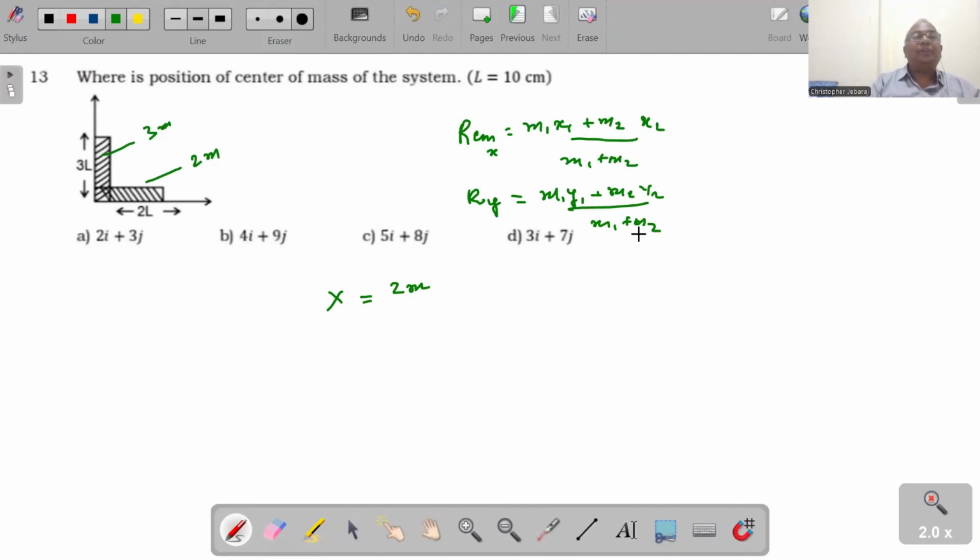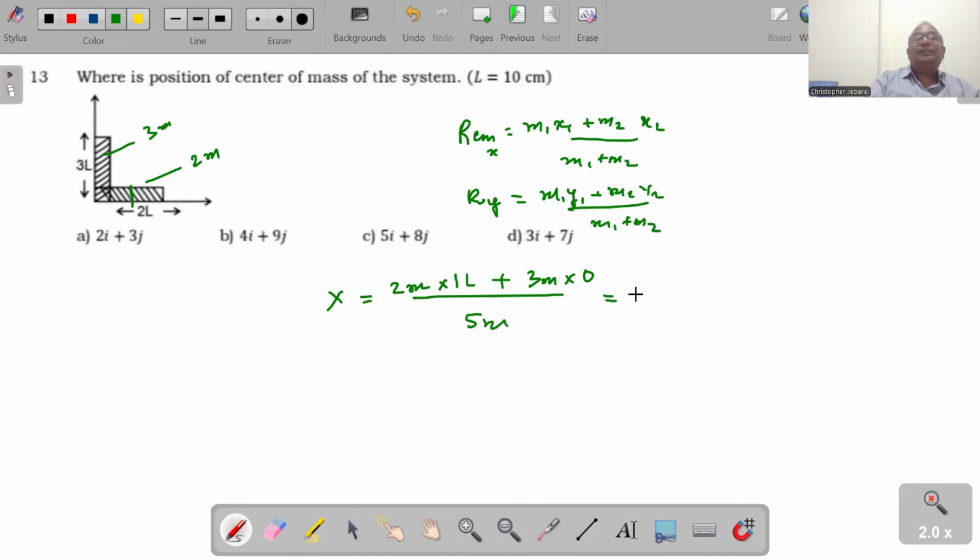Notice carefully the position of this rod: the position is its center, and that is x1. Its length is 2L, so its position we should take as 1L, plus m2, which is 3m, and its position on the x axis is 0, divided by the total mass, 3m plus 2m, which is 5m.